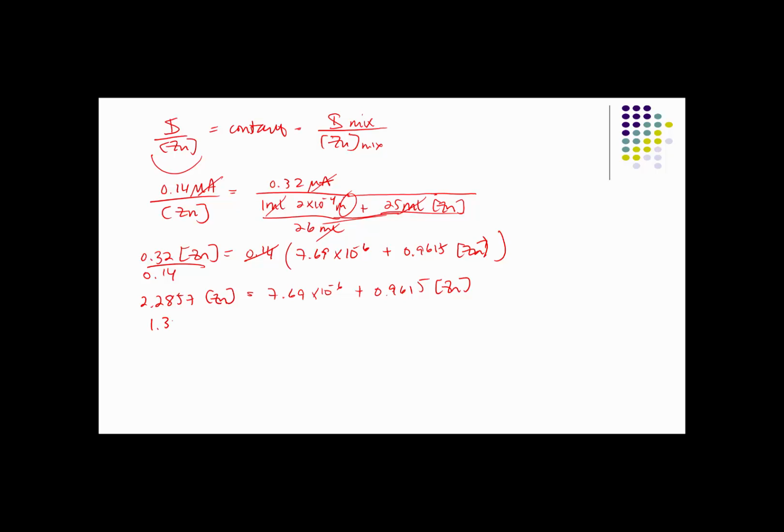And so that will give me 1.3242 times the concentration of zinc equals 7.69 times 10 to the minus 6. If I divide both sides by 1.3242, that's going to give me the concentration of zinc equals 5.8 times 10 to the minus 6 molar, or 5.8 micromolar for my zinc concentration. And we're done.